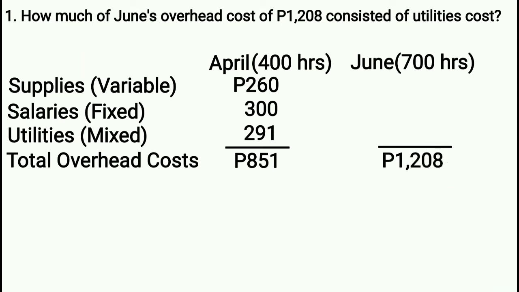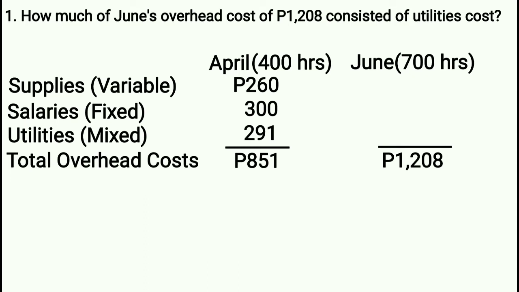In order to supply the missing amounts in June, kailangan nating gamitin yung data sa April. Sa 1,208 pesos na yan, ilan ba ang variable cost, ilan ba ang fixed cost, at ilan ba ang mixed cost? Unahin natin yung supplies na variable cost.